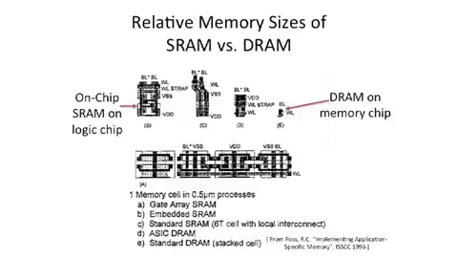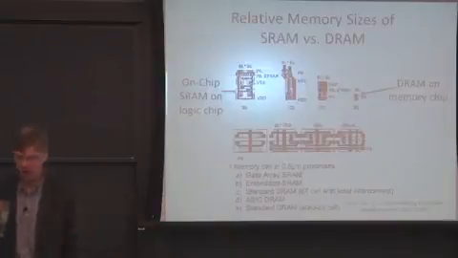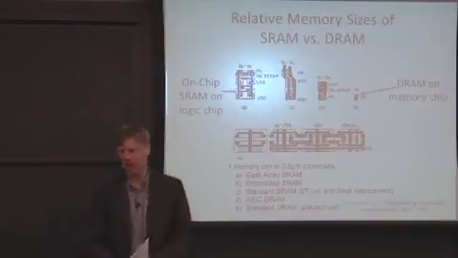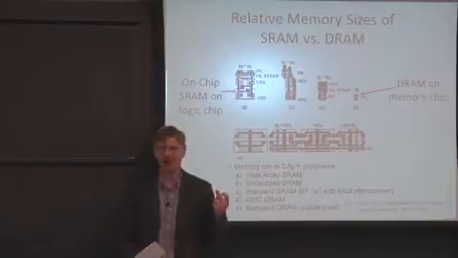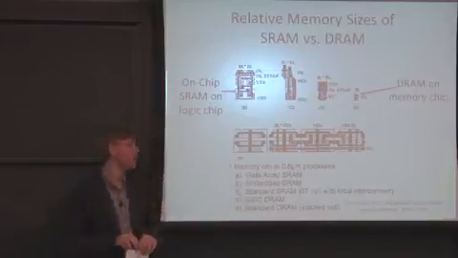OK, so I like this diagram. This is one of the more key diagrams in today's lecture, showing the relative sizes of SRAM versus DRAM, and different types of SRAM versus DRAM. So let's start off here with an SRAM cell built out of logic, on a logic process or logic CMOS technology.